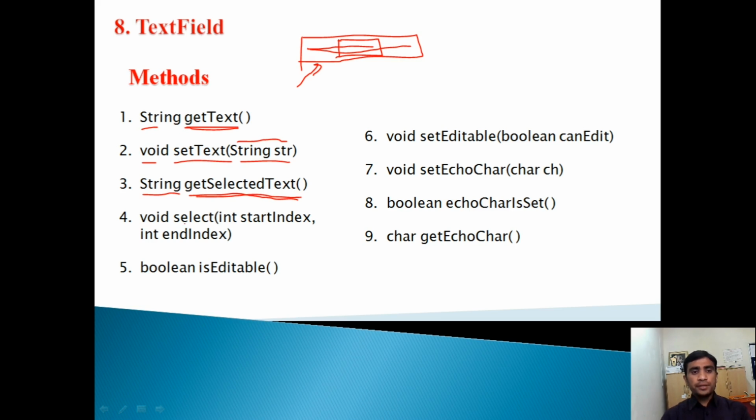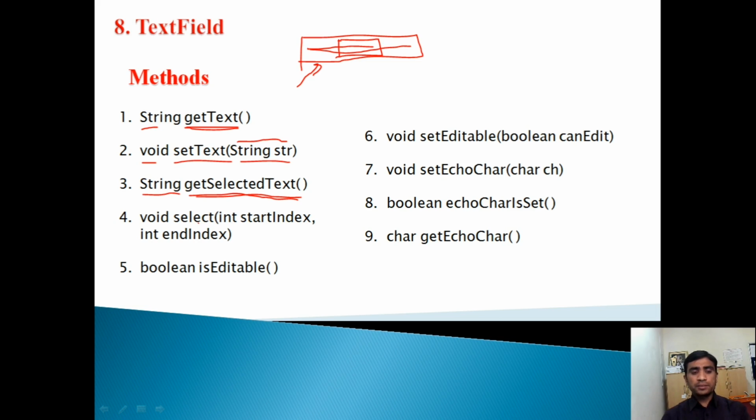Fourth method, void select, with int start index comma int end index. This method will select from the specified start index to the specified end index.